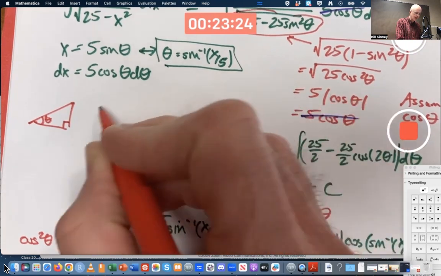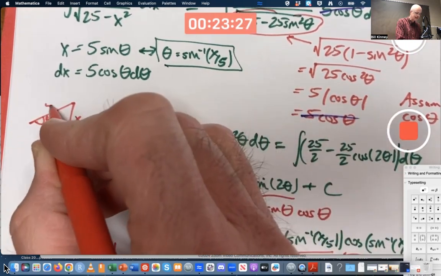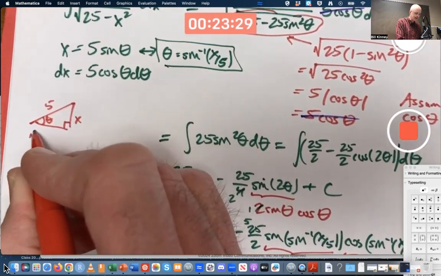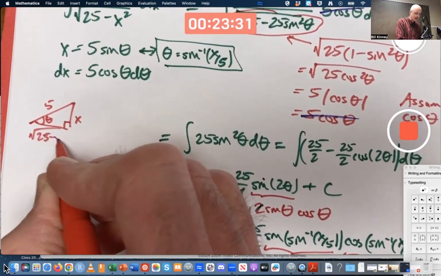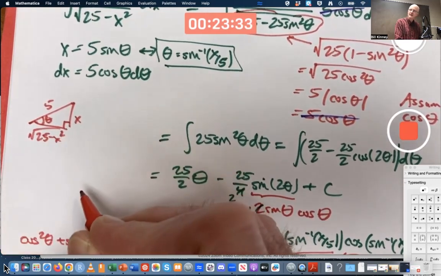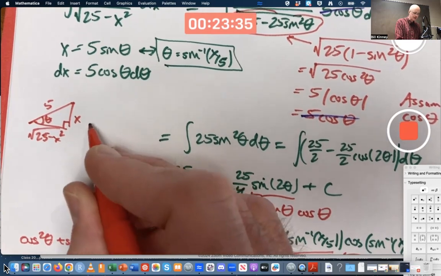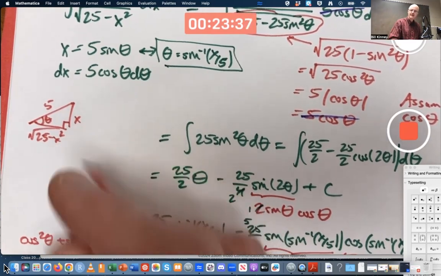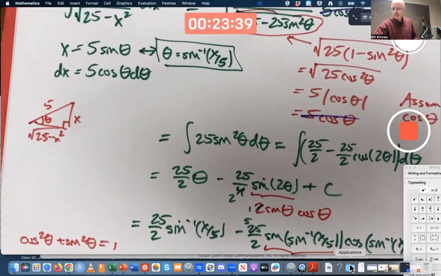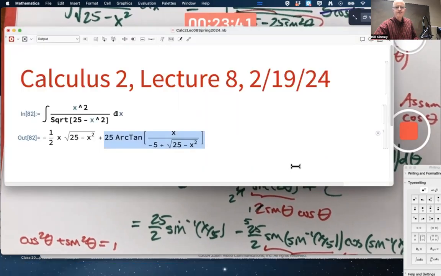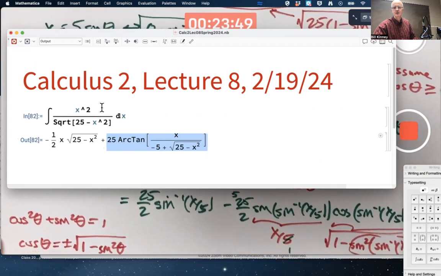Sine is opposite over hypotenuse. You could think of that side as x and this side as 5, and you could solve for this side as the square root of 25 minus x squared with the Pythagorean theorem. The tangent is opposite over adjacent, so you can take this over this. And that's kind of what's in there. Not quite. But yeah, some other simplification is going on. They are the same answer. They just look different.